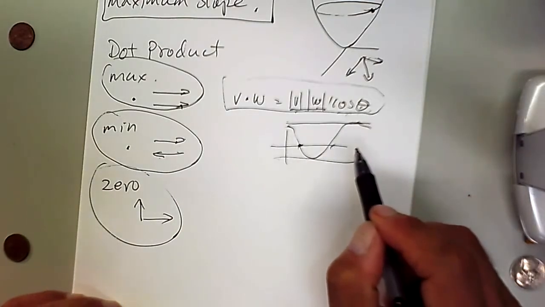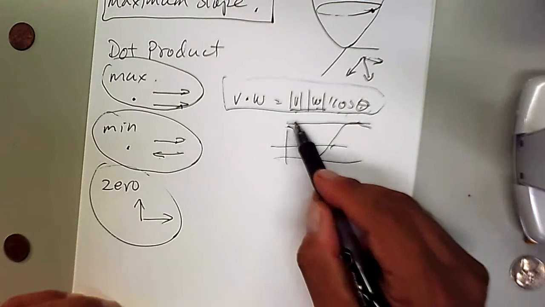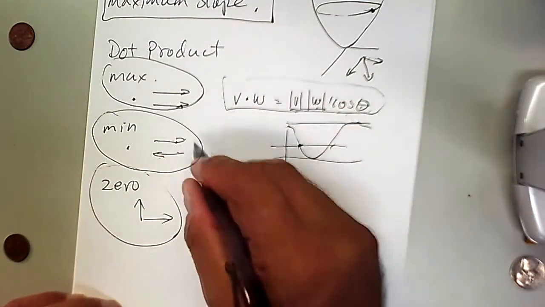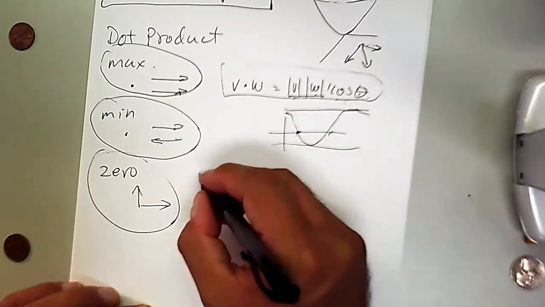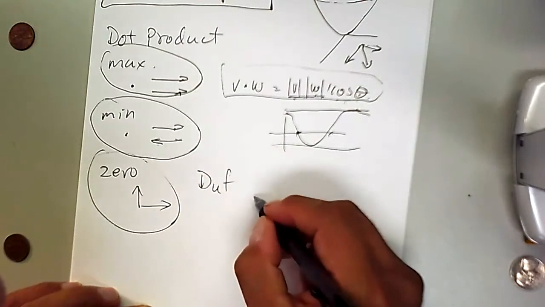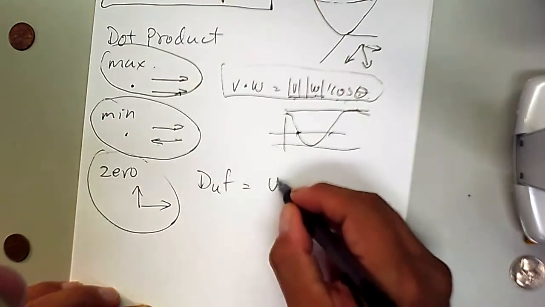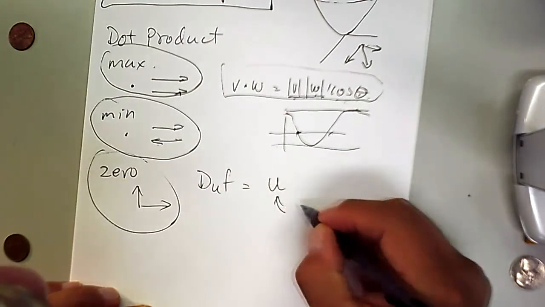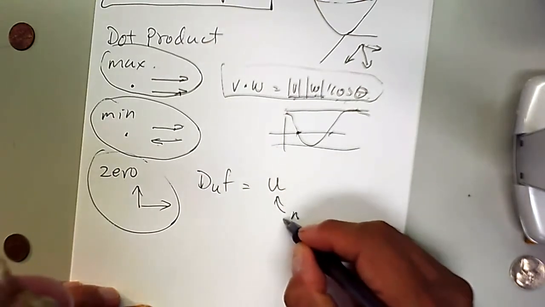All right. So the maximum will happen when the gradient and the, okay, sorry to interrupt myself. The directional derivative of a function is equal to u, assuming u is unit.